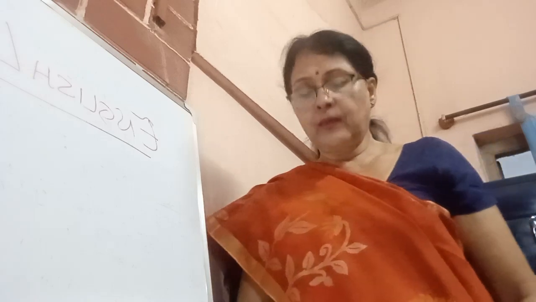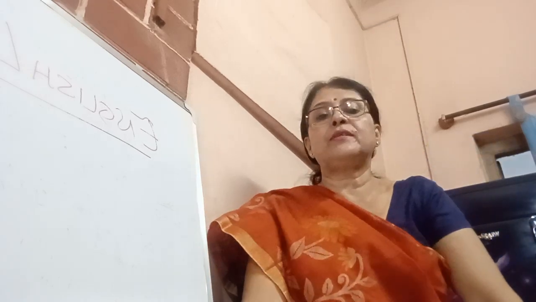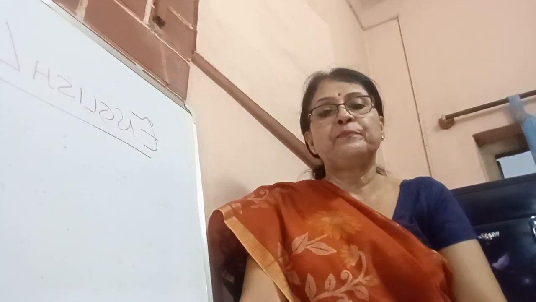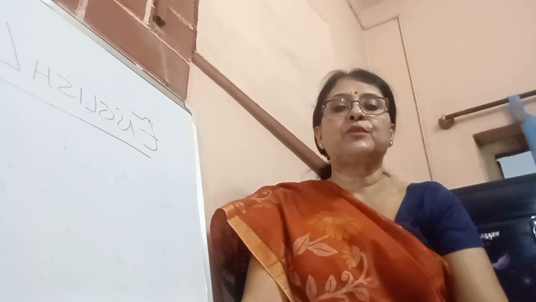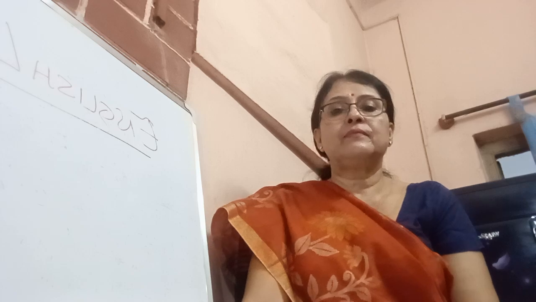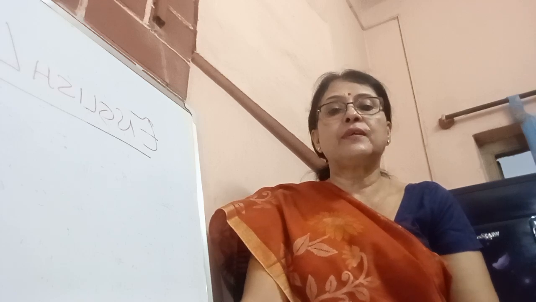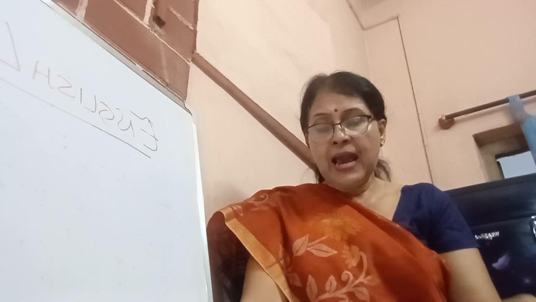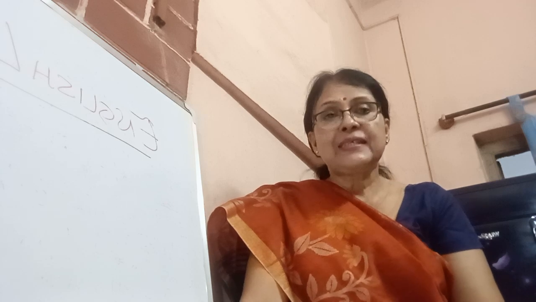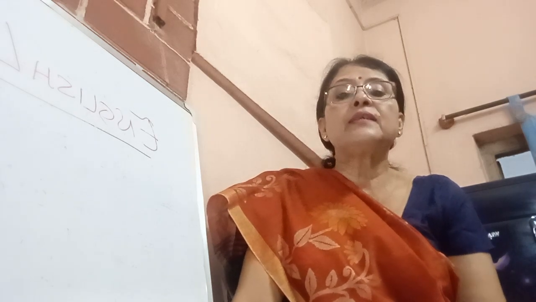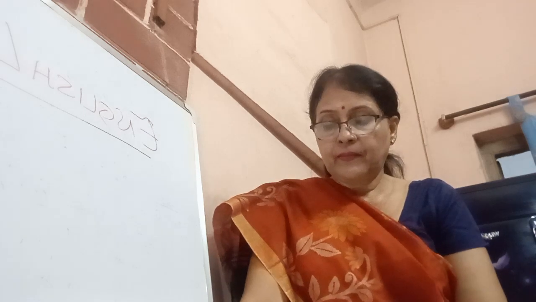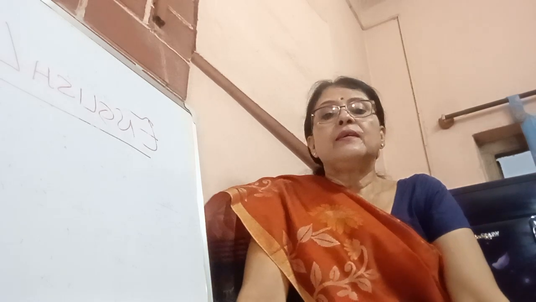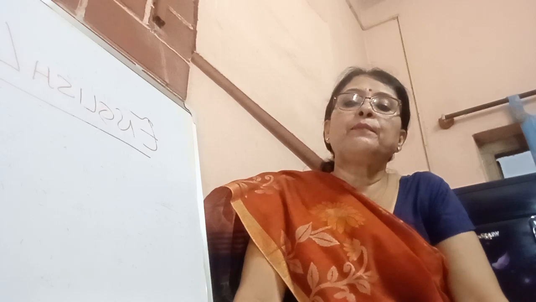Okay. Humpty Dumpty sat on a wall is the next example. Humpty Dumpty is the subject, both of them together. And sat on a wall is the predicate. The next example.